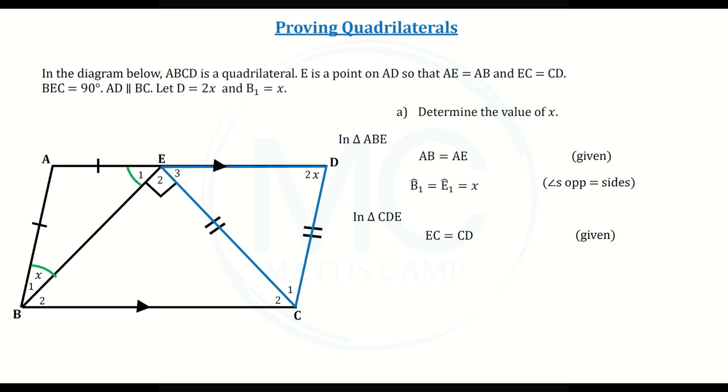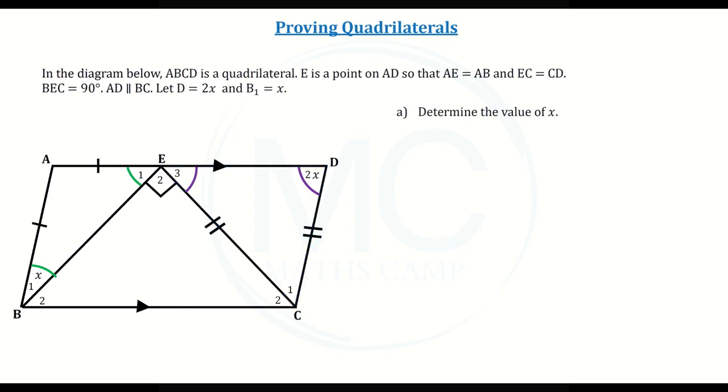Therefore, we know that angle E3 is equal to angle D, and both of these are equal to 2x because these angles lie opposite equal sides. Let's mark angle E3 and angle D in purple. Now we can take out our blue triangle and we can make some space.